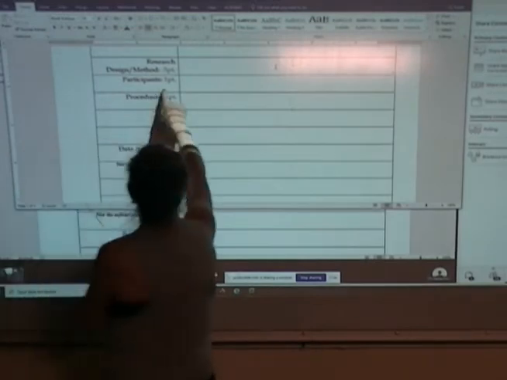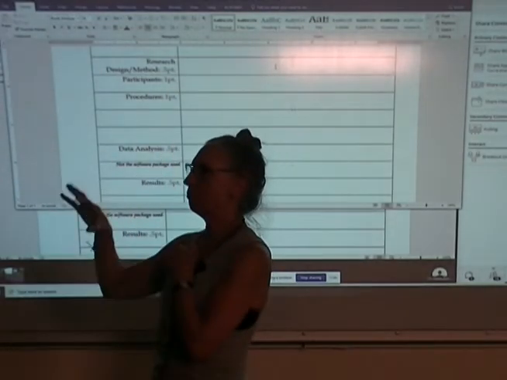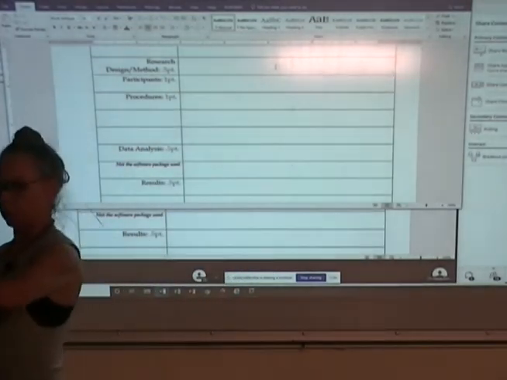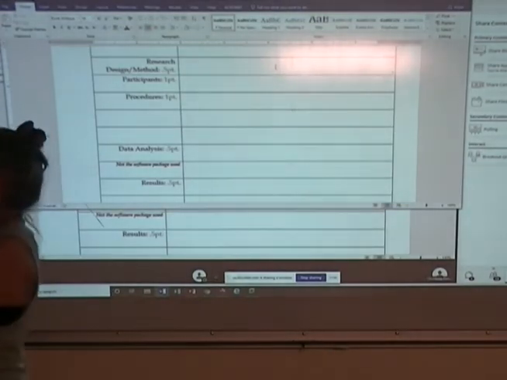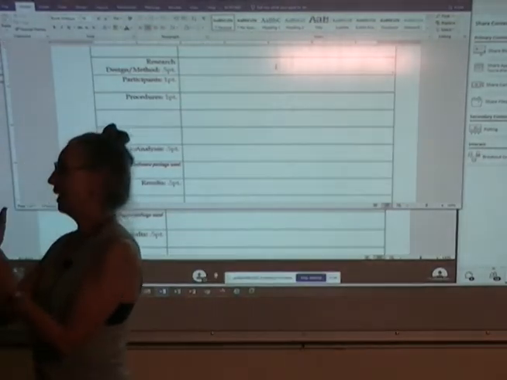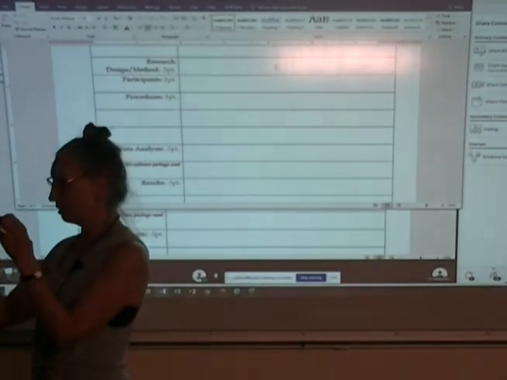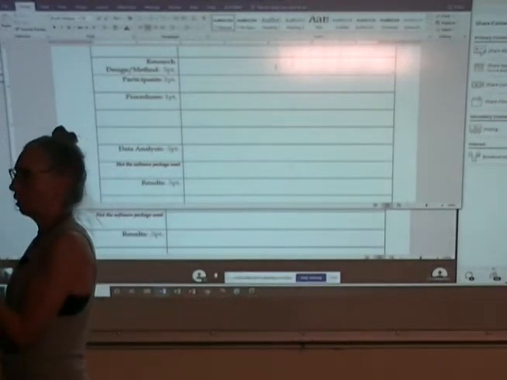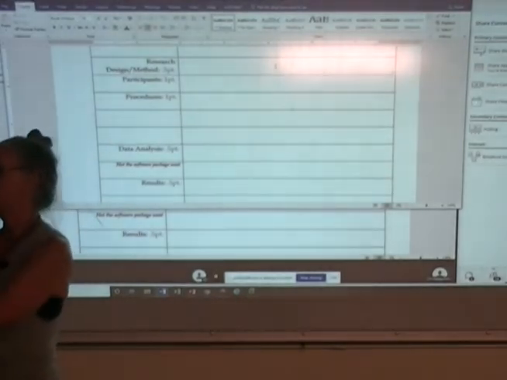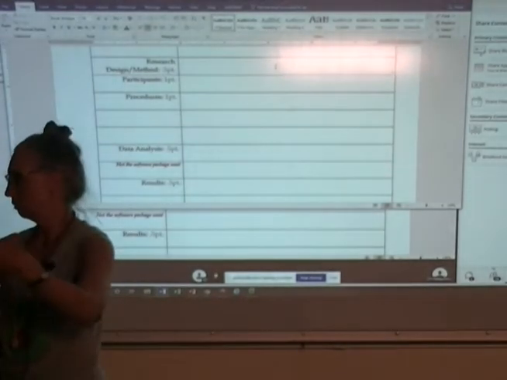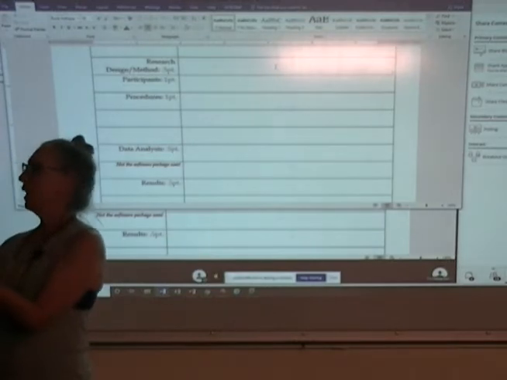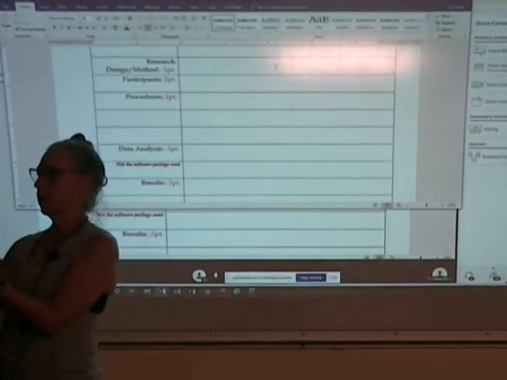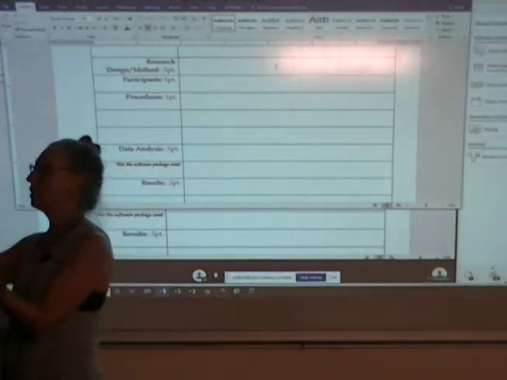Then you're going to highlight the participants. Now remember, this is a summary. The point of the summary is to highlight the key things that the person reading the summary has to know. So when I read a summary, i.e. an abstract, I read the abstract and I say, okay, do I want to bother reading the whole paper?